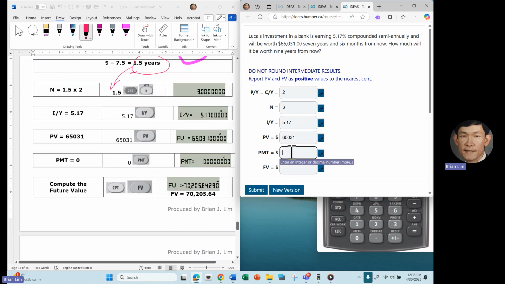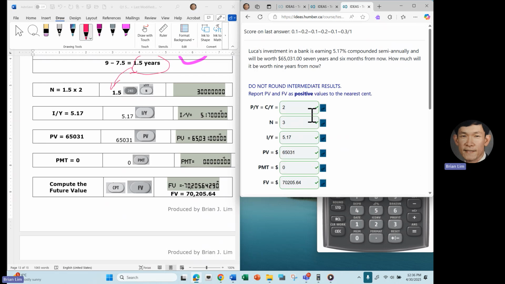The payment is 0, and the future value is 70205.64. And with that, we submit, and all is well, green check marks. And that is the solution to the question.